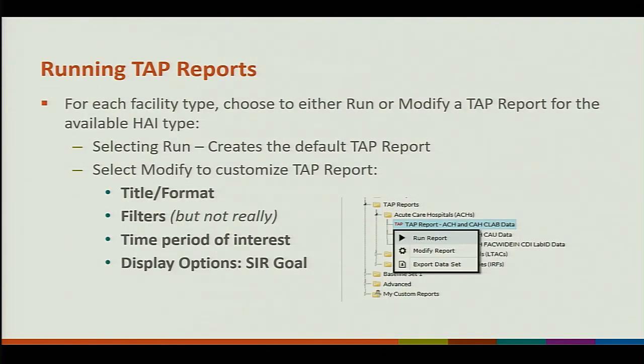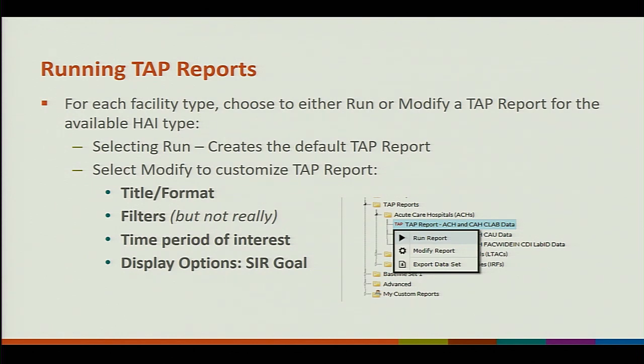All right, so running TAP reports, once we go in and select the HAI that we want to review, we're able to modify that report by title, time period of interest, and display options, i.e. our SIR goal. If we just click run report, that's going to run a TAP report that's inclusive of all the data in our data set.